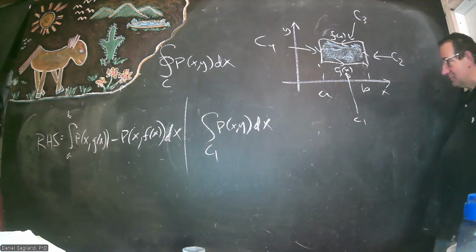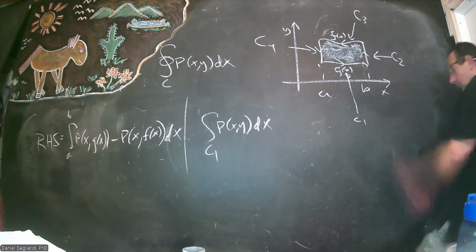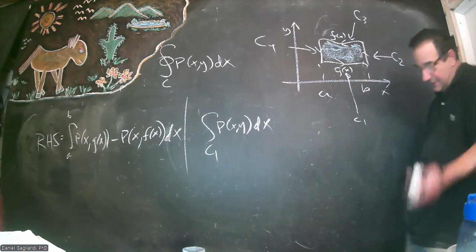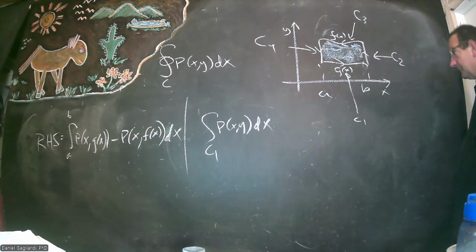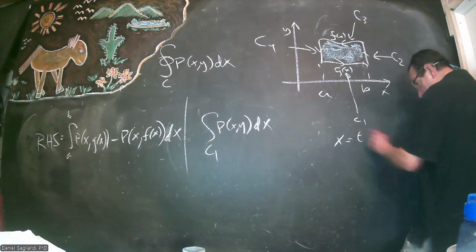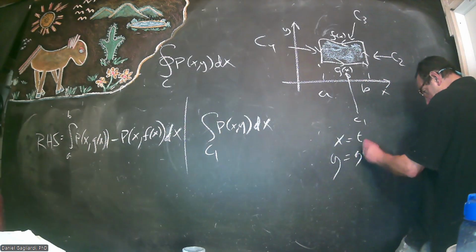We're back to parametrization, but this is not going to be too bad. Instead of using t, we can let x be equal to t, if you like, and let y be equal to g of t.